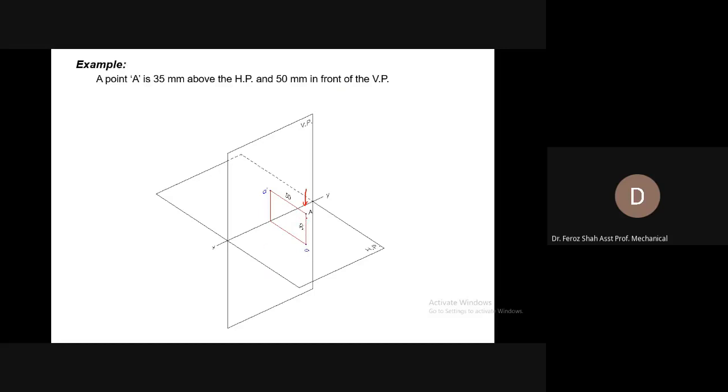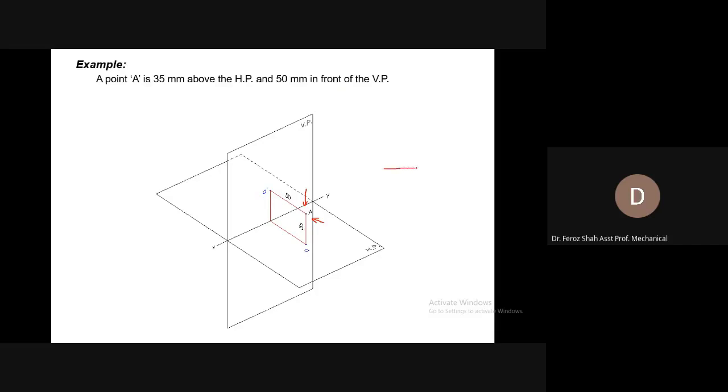And as the point is 35 millimeter above the horizontal plane, its front view, looking at it from this side, the projection would be drawn on the vertical plane and it will be exactly 35 millimeter above the XY reference.